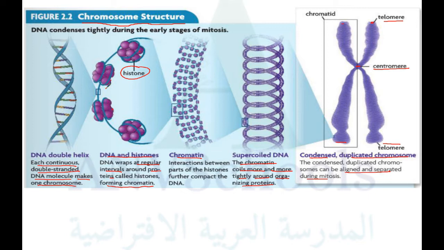Parts of the histones interact with each other, further compacting the DNA. And at this stage, the spaghetti stage, or the loose combination of DNA and protein, is called chromatin. So this compacted thing is what we are calling chromatin. The word actually means loose.